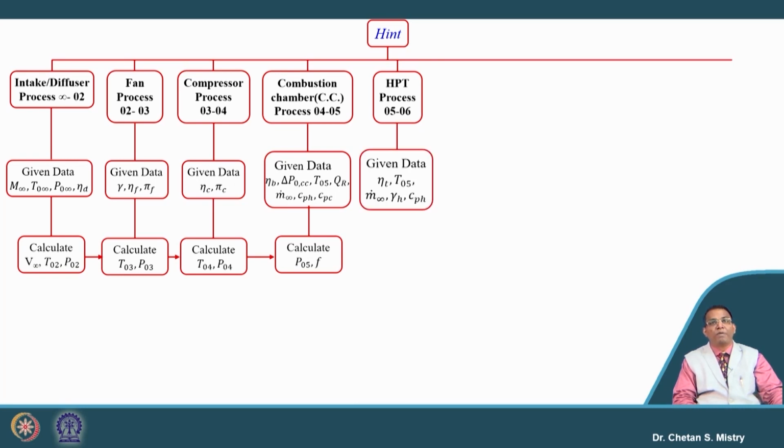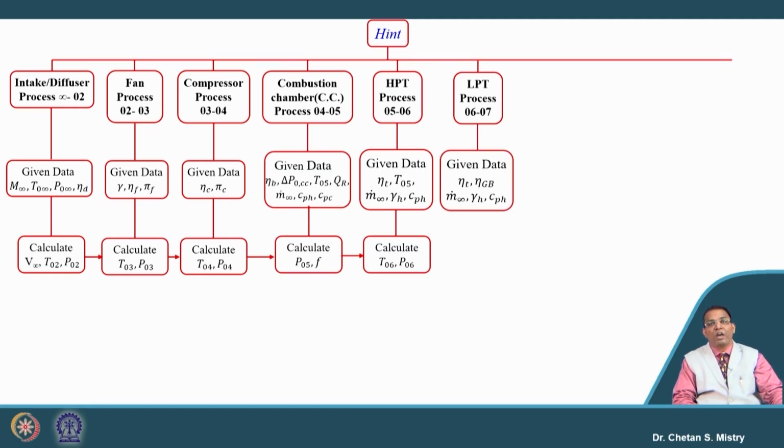This HP turbine is used to rotate the compressor. For this turbine we know the efficiency and the entry temperature, and based on that we can calculate our exit pressure and exit temperature from the HP turbine. We have the LP turbine, which is used to rotate the fan.